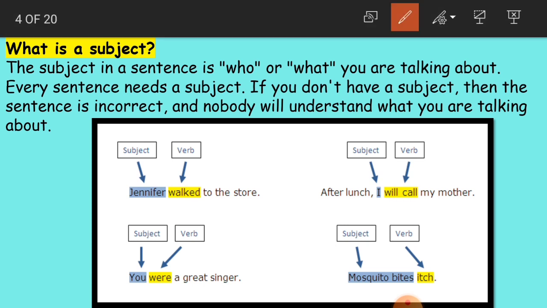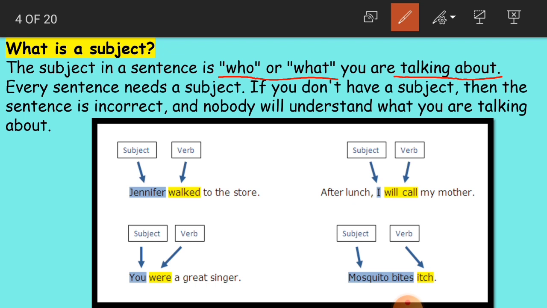So what is a subject? The subject in a sentence is who or what you are talking about. When we talk, children, we talk about something. We may talk about our work, our family, a place, an animal, anything.